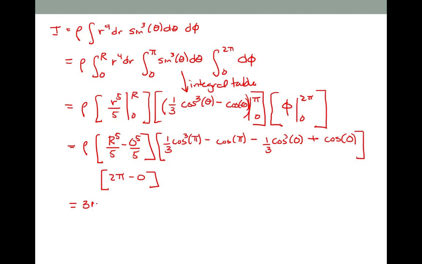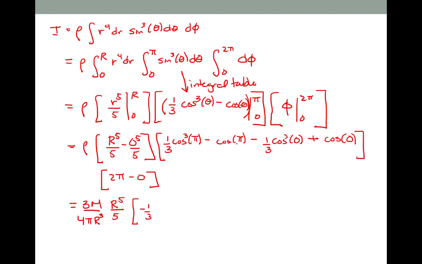which was 3 times the mass over 4 pi r cubed. I have an r to the fifth over 5. Cosine of pi is -1. -1 cubed is -1, so that's -1/3.